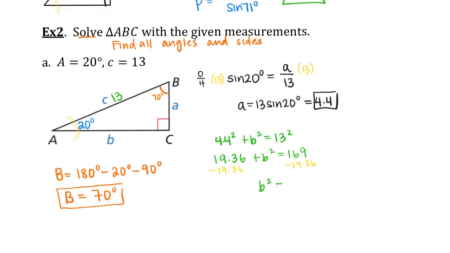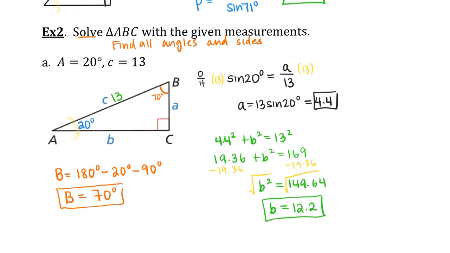B squared is 149.64, and I'll square root it. So I got about 12.2.